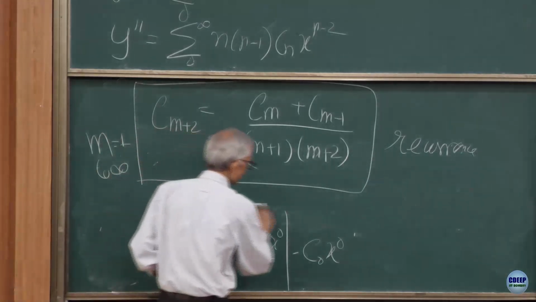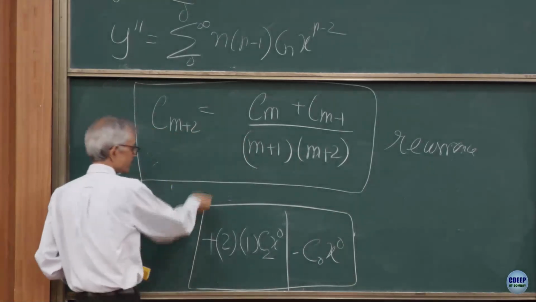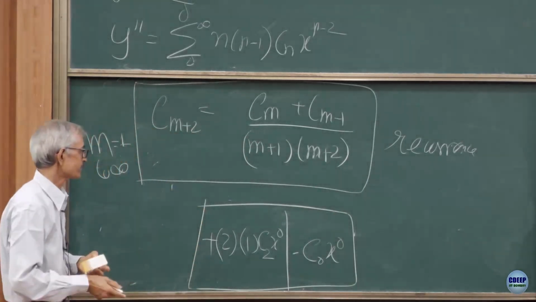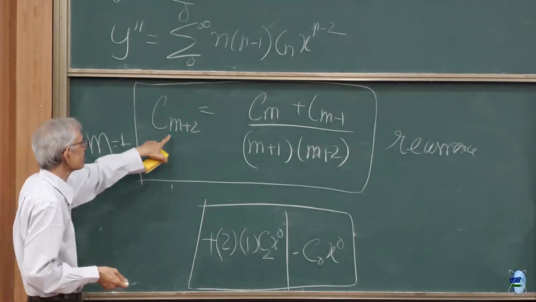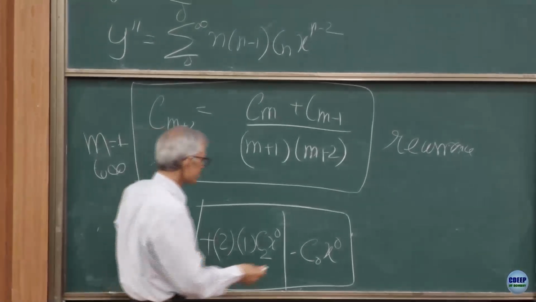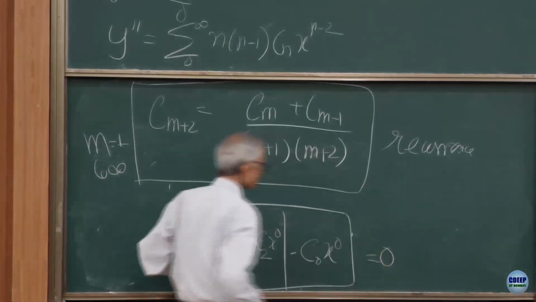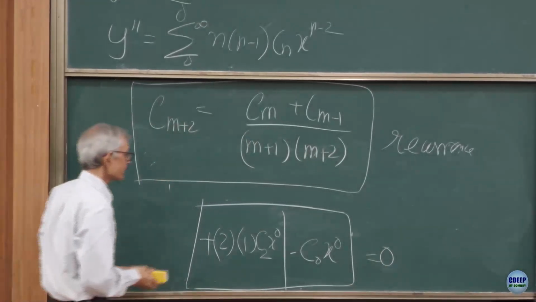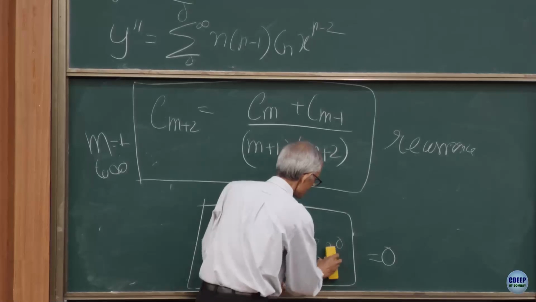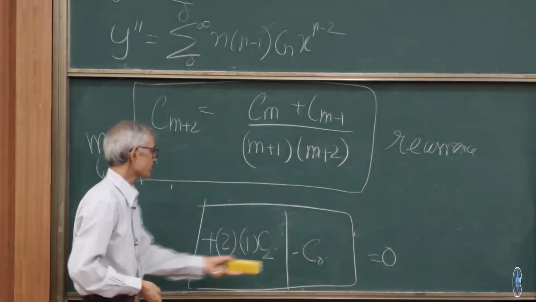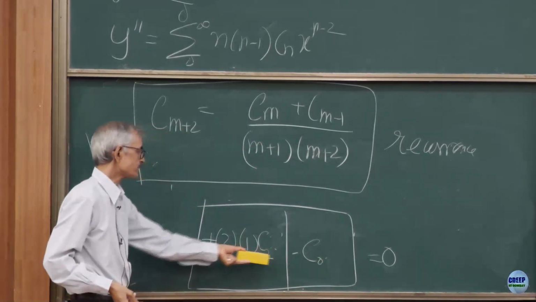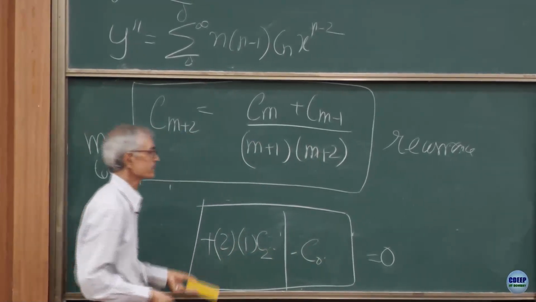We still have this guy here, okay, that we have not yet done anything about, but let us just say that this guy also has to be equal to 0, right? So this becomes x to the power of 0 is 1, x to the power 0 is 1. You have got C0 is equal to twice C2.